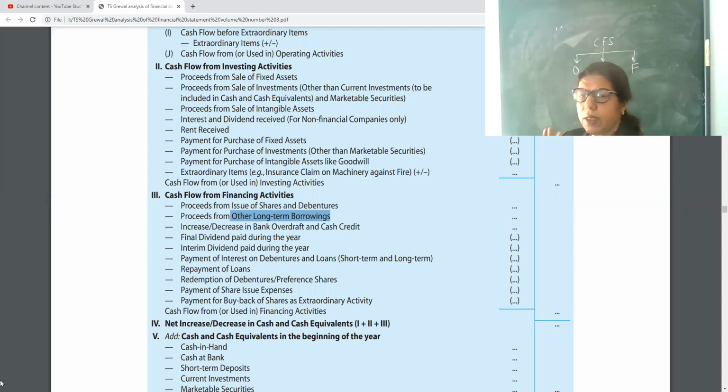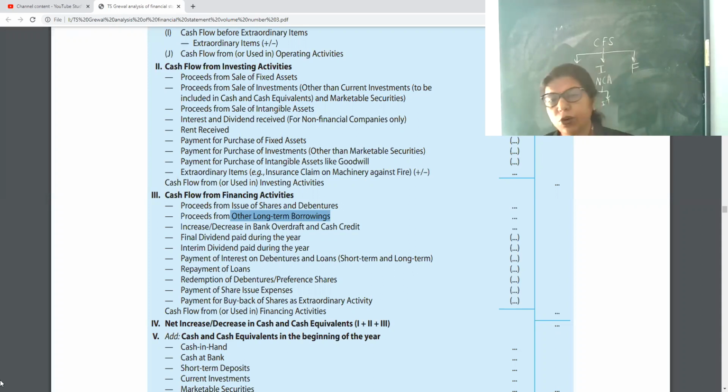The company is redeeming the old debentures. It means the company is taking back their debentures and giving them payment. That is cash outflow. So redemption means repayment. In the debenture chapter, we explained that.